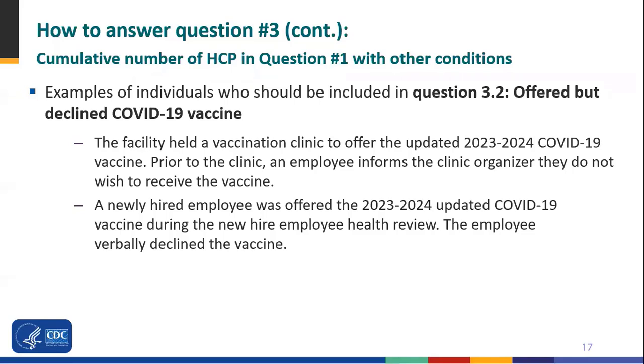Prior to the clinic, an employee informs the clinic organizer that they do not wish to receive the vaccine. In another example, a newly hired employee was offered the updated COVID-19 vaccine during a new hire health interview. The employee verbally declined the vaccine.